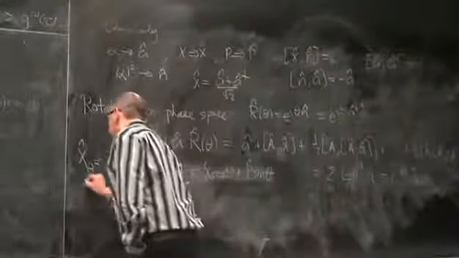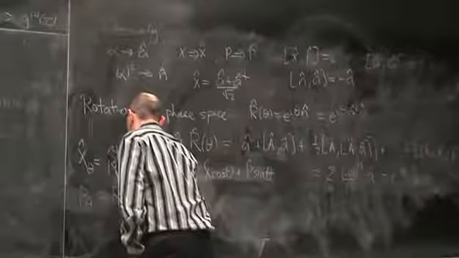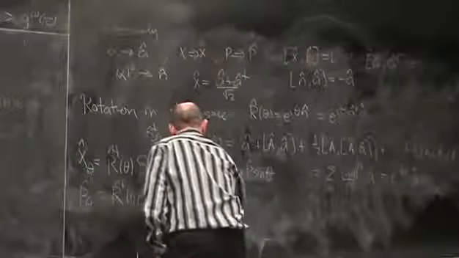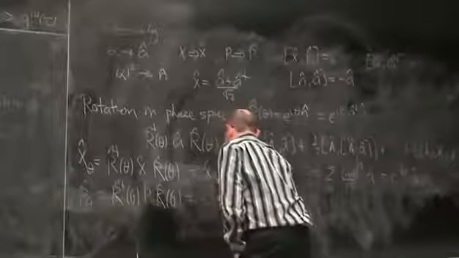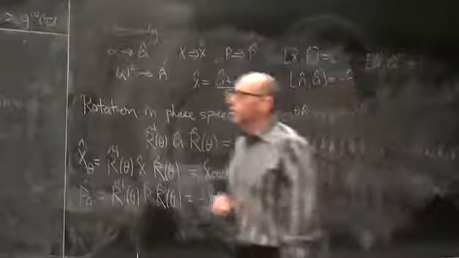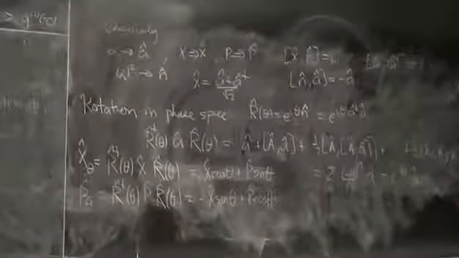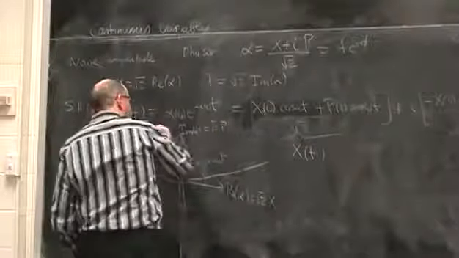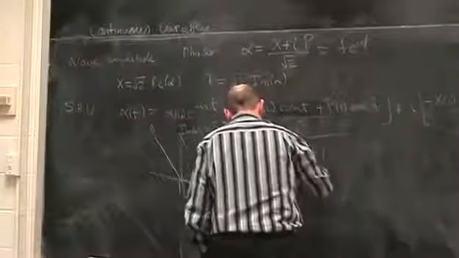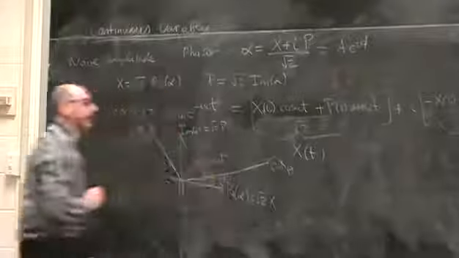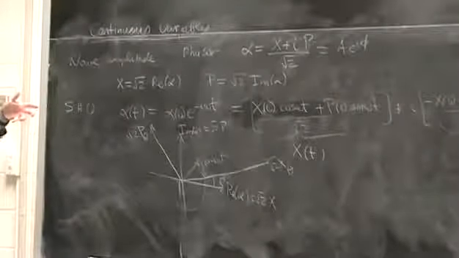And p theta is the rotated version of p, which is minus x sine theta plus p cos theta. So those are the quadratures. If this is root 2x and this is root 2p, then somewhere over here are the rotated quadratures, root 2x theta, root 2p theta, rotated by theta.